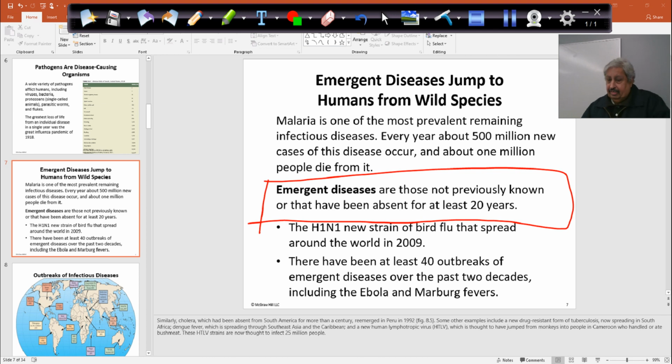So there have been at least 40 outbreaks of emergent diseases over the past 2 decades, including Ebola and Marburg fevers. Those diseases are mostly, if you look at the notes there, in West Africa, because they have their rivers contaminated.